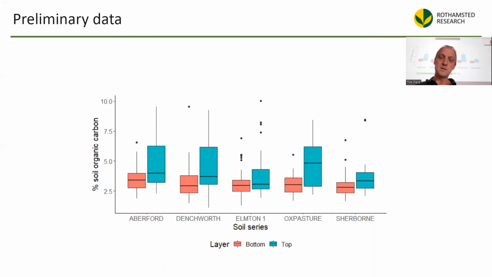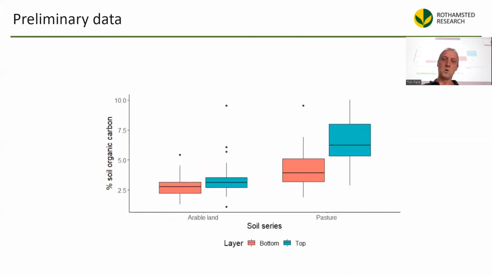This is the point that Stefan was making earlier, that a lot of the carbon is in the top layer. And so you see less variation between the soil types in the bottom layer as well. But there's clearly an interaction going on here as well. So we need to understand this in the modeling in a way that means we can make sensible predictions. So if you want to improve your carbon on this soil type in this land use, this is your potential for improvement, and these are the potential ways you can do it.